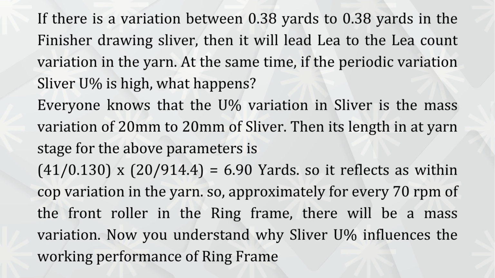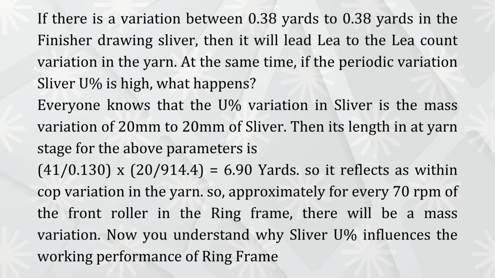Then its length at yarn stage for the above parameter is: 40s actual count divided by 0.130 sliver hank, into 20 mm, which is the cut length of Uster sliver U% testing, divided by 914.4 to convert to yards. So, 6.90 yards. So it reflects as within-lea variation in the yarn.